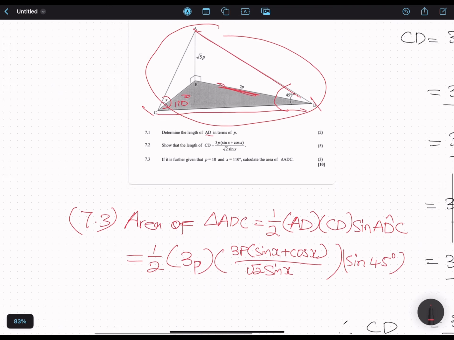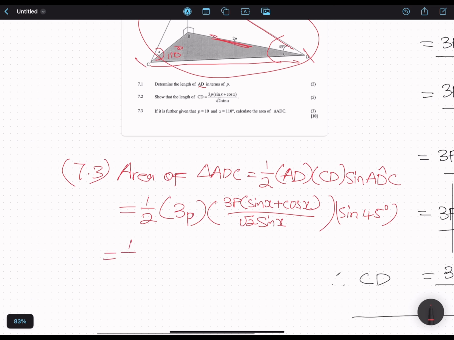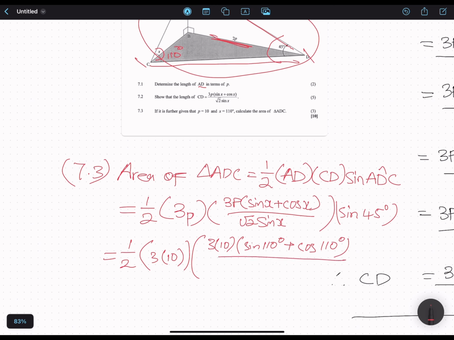Then you can just substitute everything. 1 over 2 into 3, they said this is 10, which is going to be 30. Then we have 3 into 10 again, we have sine 110 degrees plus cos 110 degrees divided by square root of 2 sine 110 degrees. Then we have sine 45 degrees.